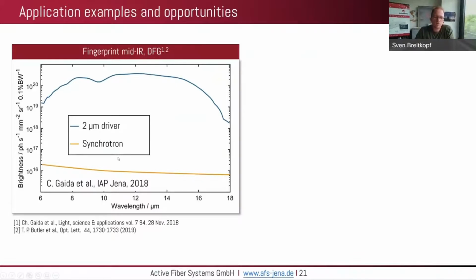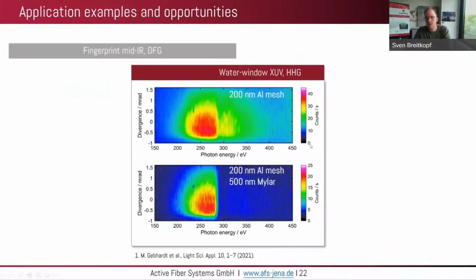So nowadays, if you want to do imaging in this wavelength range, you might have to go to a synchrotron, and that works well, but you need to get beam time, and it's a lot of effort to get your experiment there. And using a Thulium laser and a mid-IR conversion can enable you to do these experiments in your own lab or in your own company. And also what I said before, these high harmonic generation again.